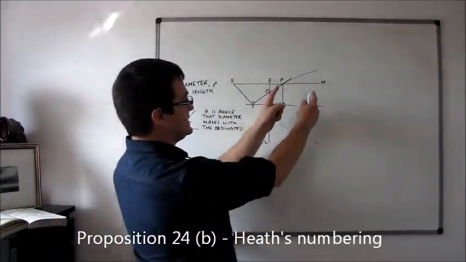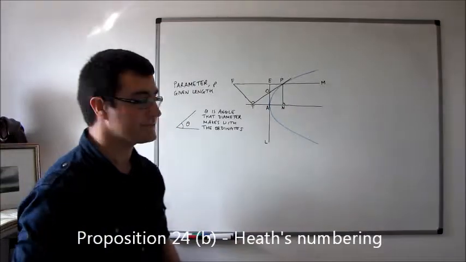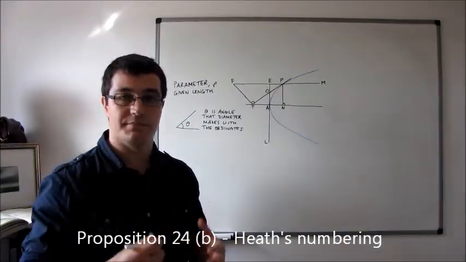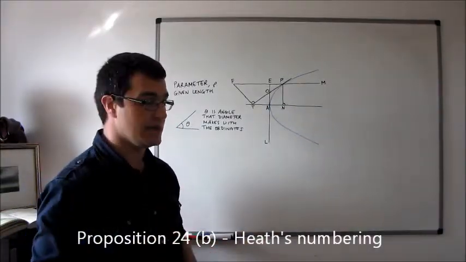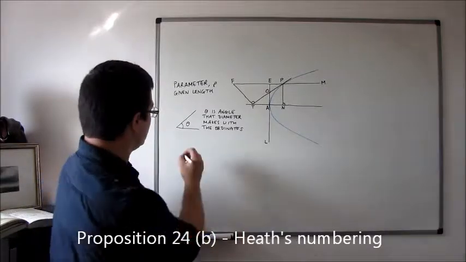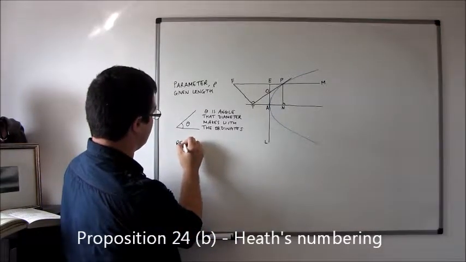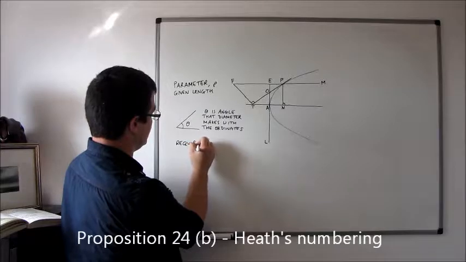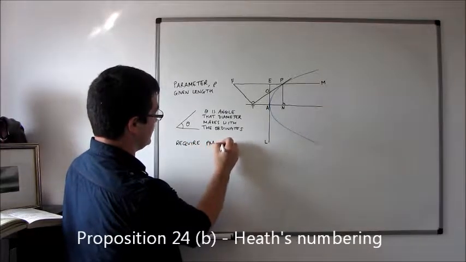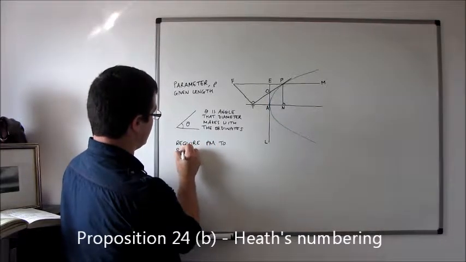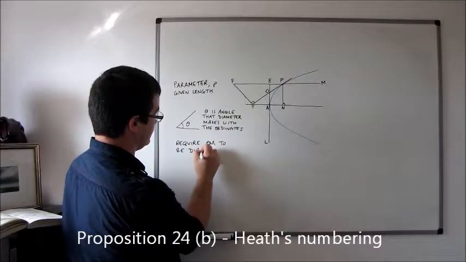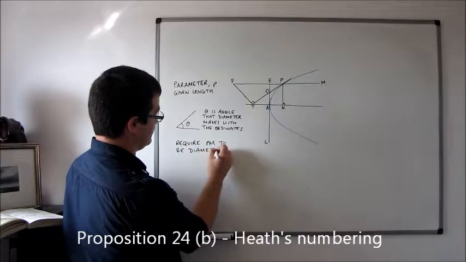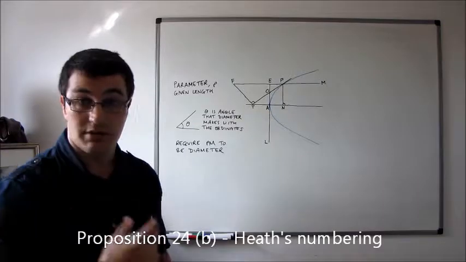Our starting point is this line PM. We want PM to be the diameter of our parabola.